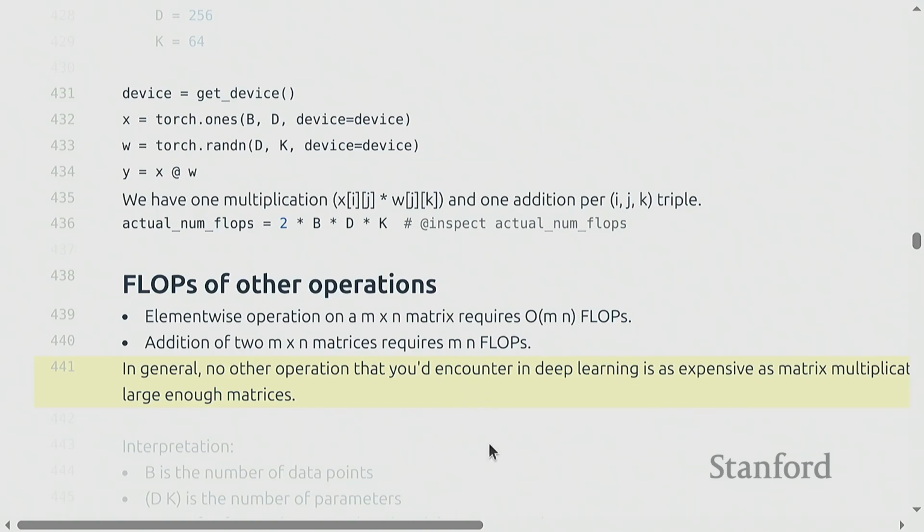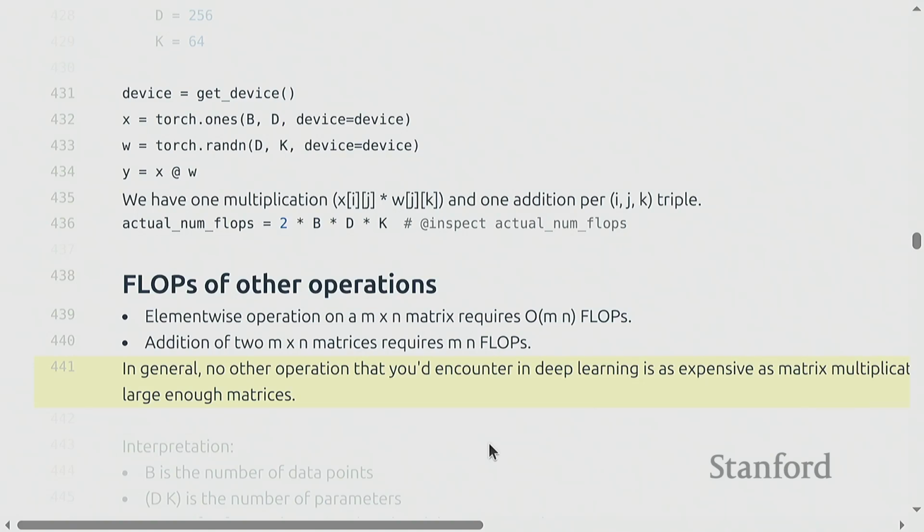Of course, there are regimes where if your matrices are small enough, the cost of other things starts to dominate. But generally, that's not a good regime to be in, because the hardware is designed for big matrix multiplication. It's a little bit circular, but we end up in this regime where we only consider models where the matmuls are the dominant cost.